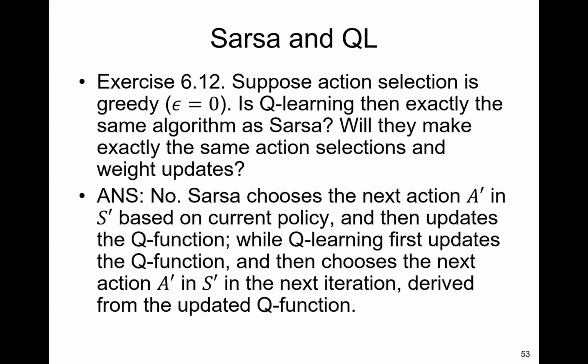The answer is no, because Sarsa chooses the next action A prime in S prime based on the current policy, then updates the Q function, whereas Q-learning first updates the Q function based on the max of next Q, and then chooses the next action A prime in S prime in the next iteration, derived from the updated Q function.